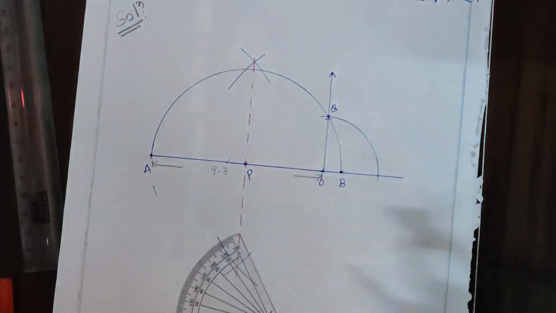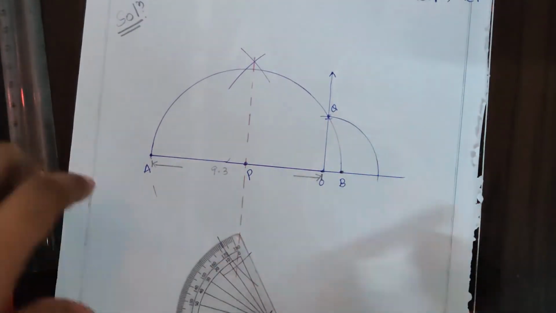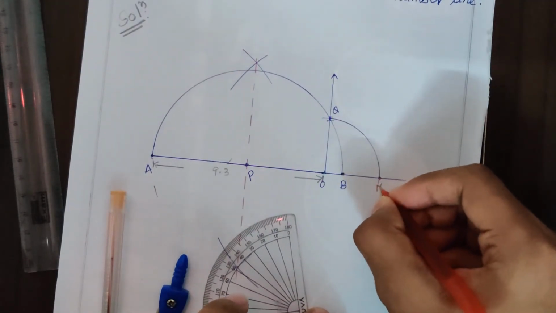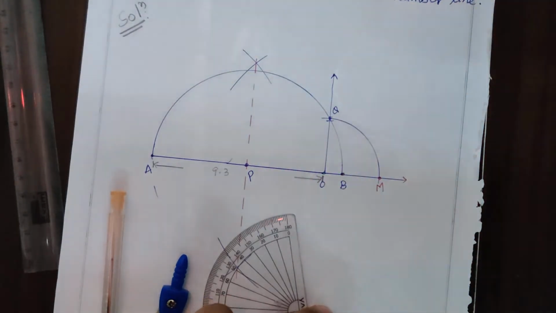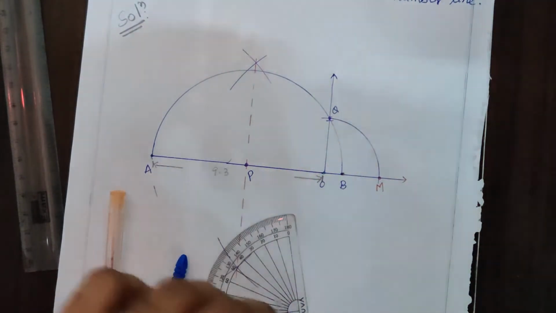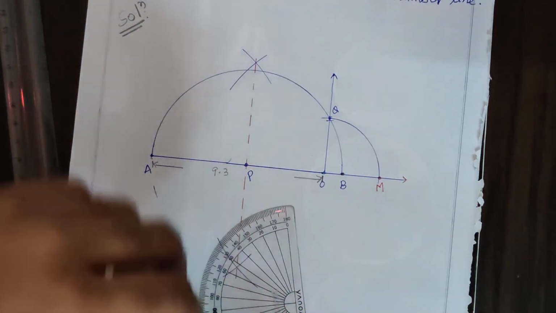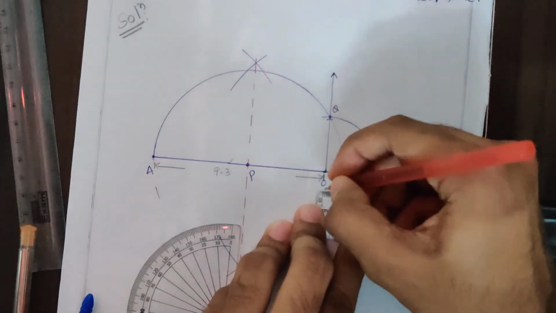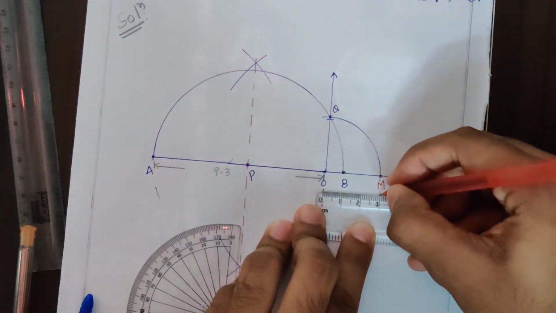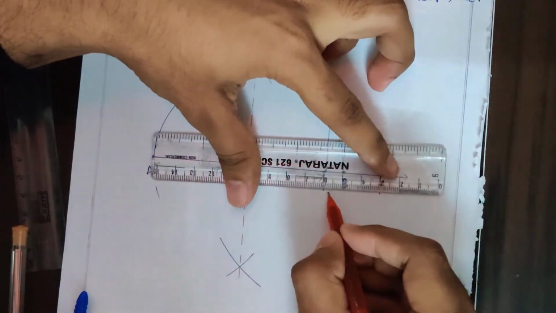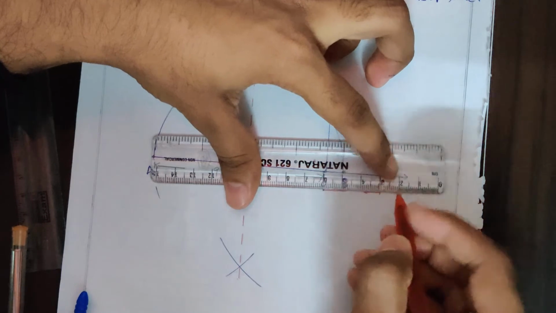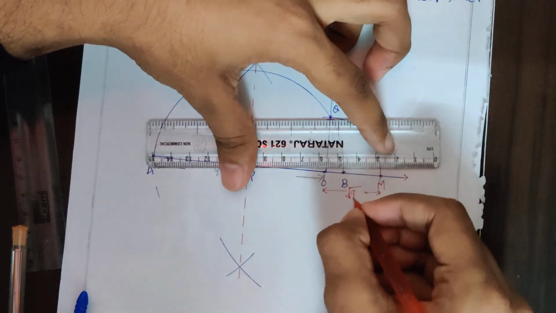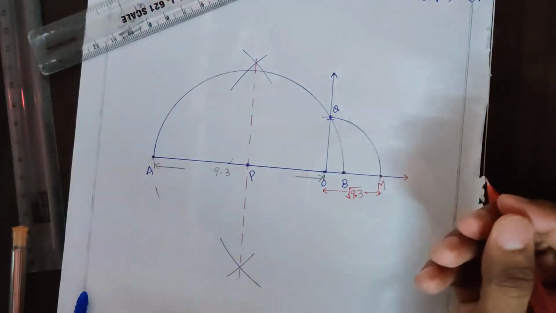Wherever the arc touches this line segment, let us take this point of intersection as M. So this distance OM is under root 9.3 centimeter.